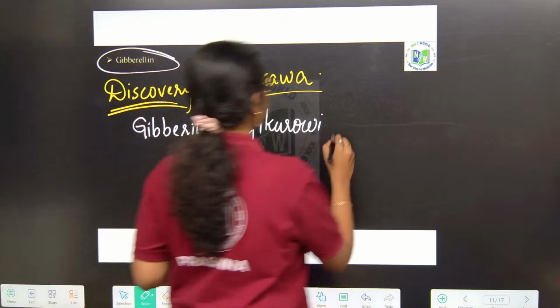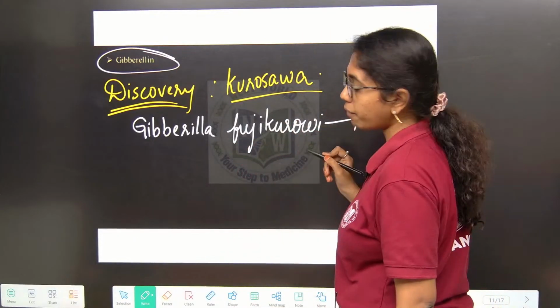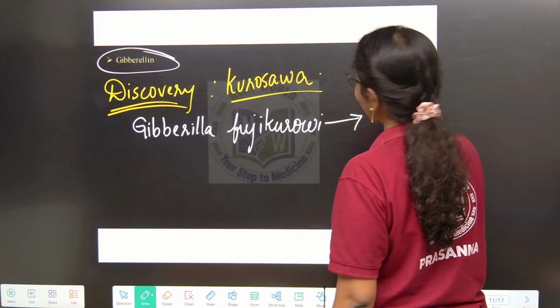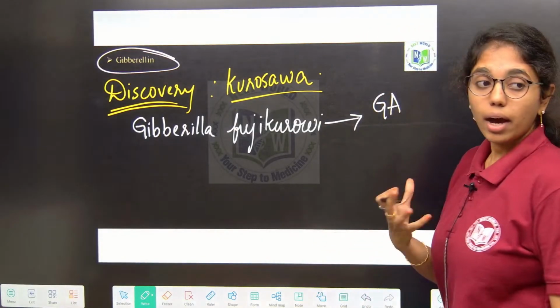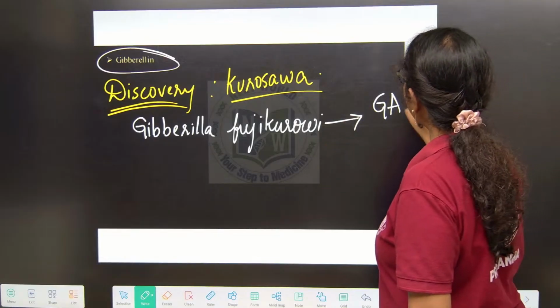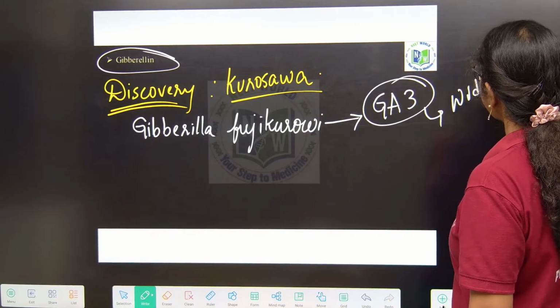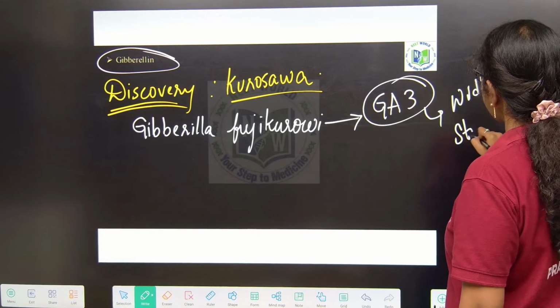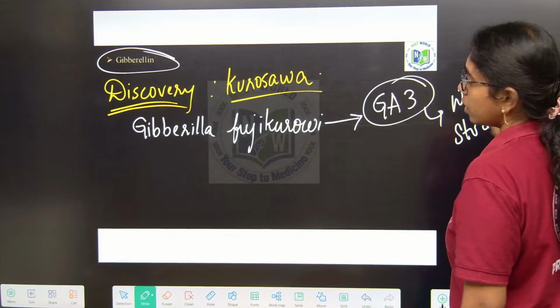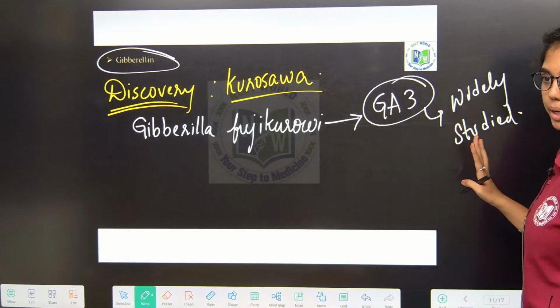So the active substances released by Gibberella fujikuroi are what? Gibberellic acids. As such, 100 compounds of gibberellic acids were identified, of which gibberellic acid 3 is widely studied. So this is the discovery of gibberellic acid.